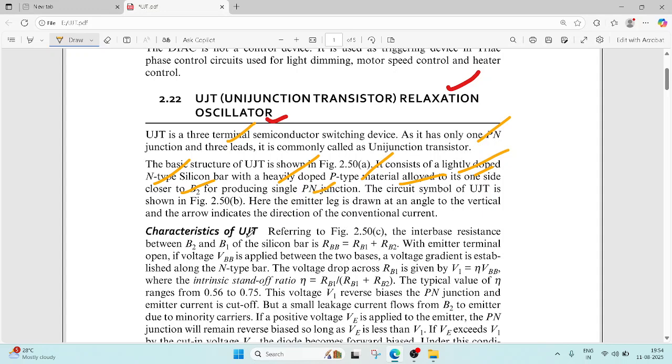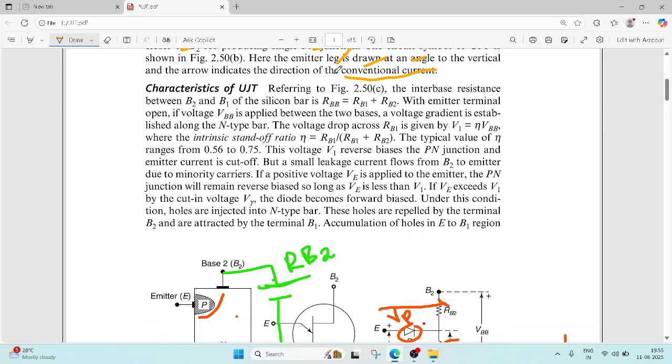Circuit symbol: the emitter leg is drawn at an angle, and the arrow mark indicates the conventional current. Right. Then the characteristics.